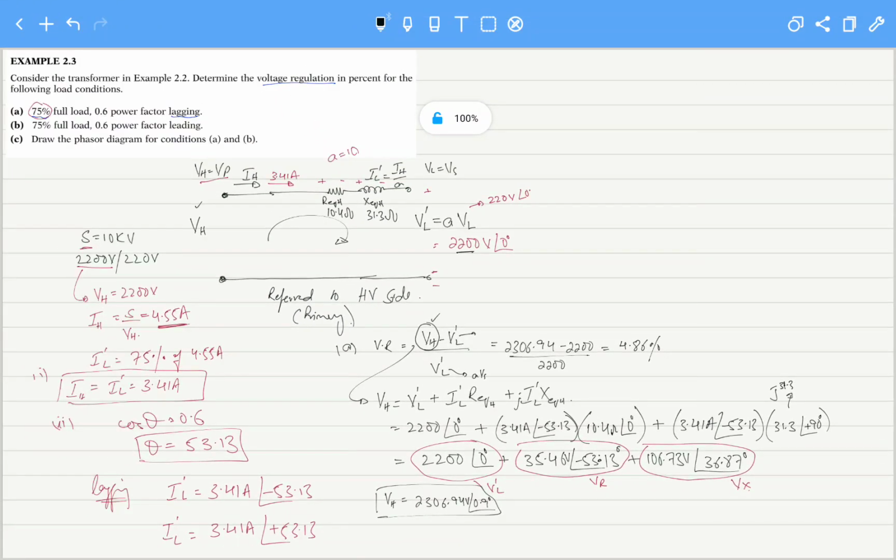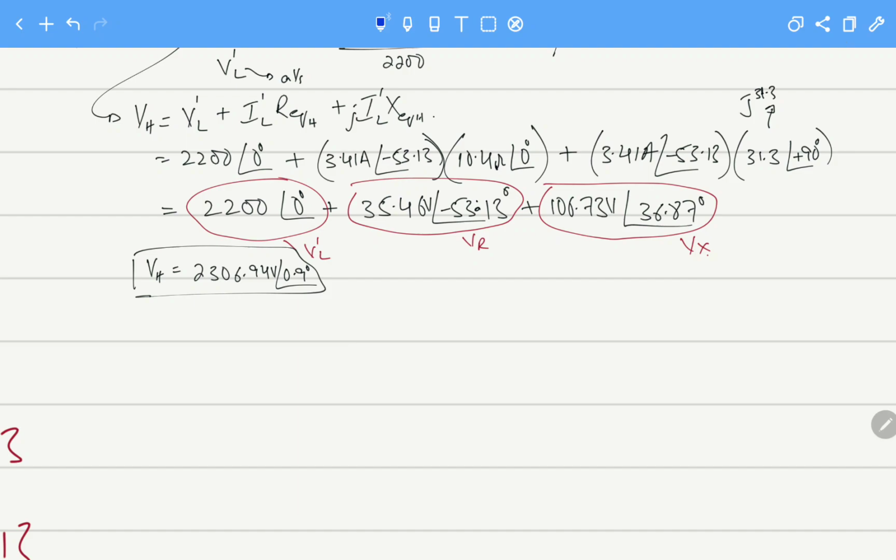And now if you want to draw the phasor for this, the phasor can be: this is V dash L, then we have VR, it is at an angle of minus 53. And then we have, this angle is actually 36.87.